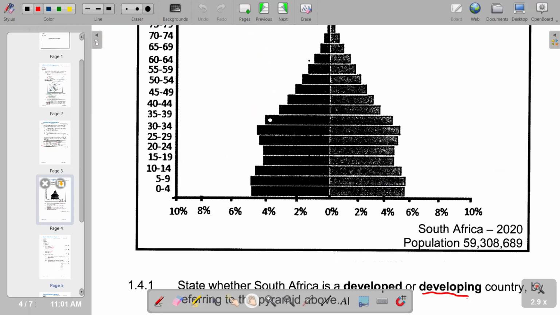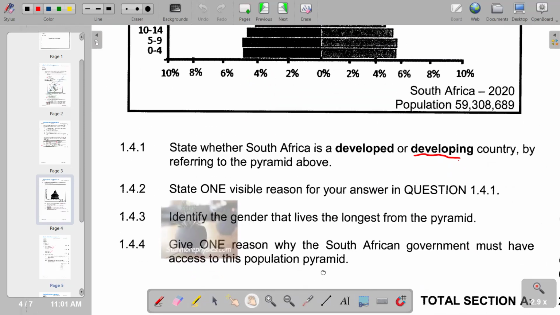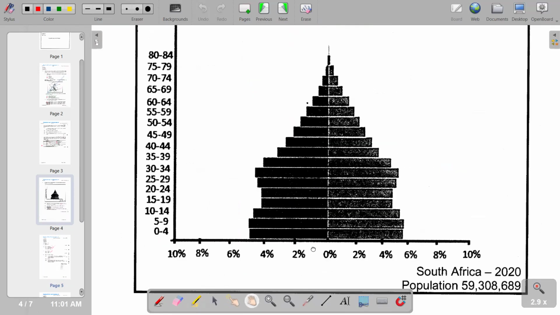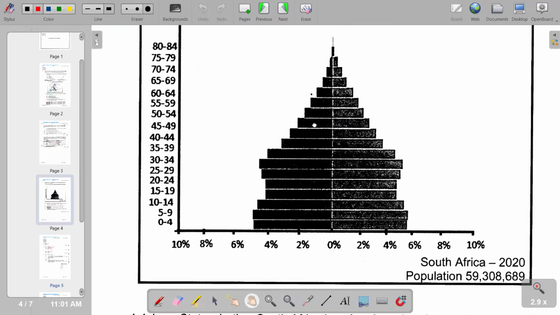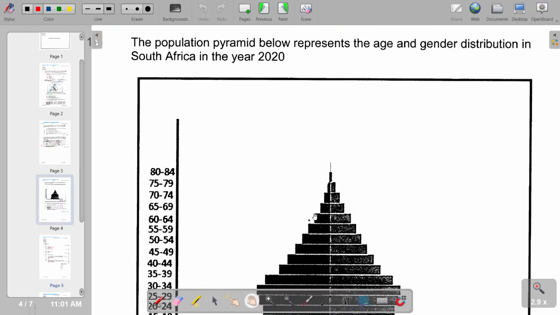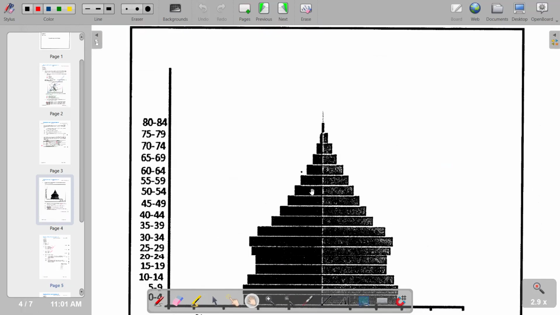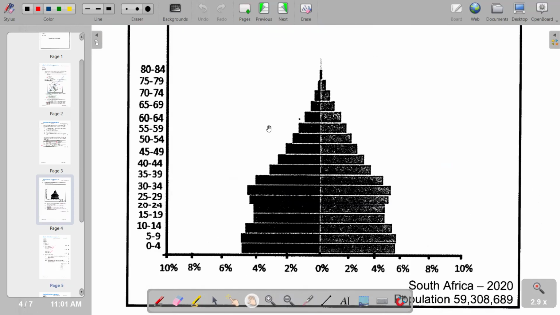Then we go to the next question. Identify the gender that lives the longest from the pyramid. So you'd say that we do not have an indication of females and males according to our labels. But obviously, this is going to be our female.